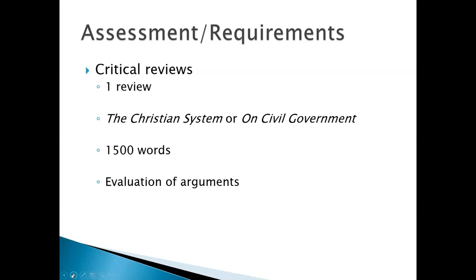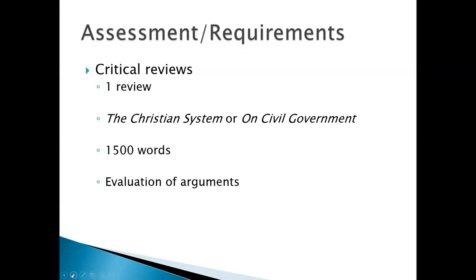The second part of your essay should be focused on your evaluation of the point or argument that Lipscomb is trying to make. Do you agree with it? Do you disagree with it? Why? What is strong about his argument? What is weak about his argument?